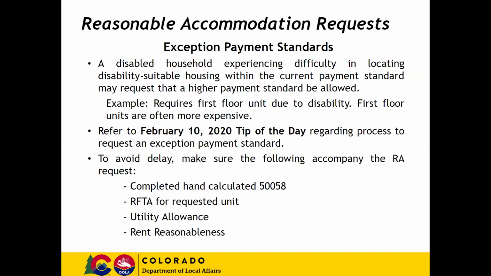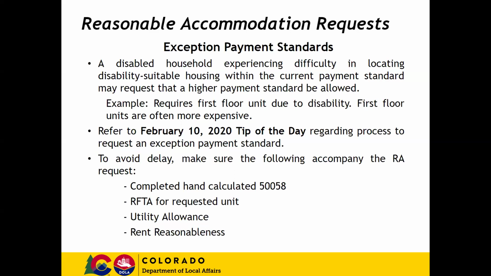For example, with an exception payment standard, this is also a common request that we receive because the cost of housing in the state, in the world, is high. Our markets are a bit out of control right now. So we do set our payment standards strategically, county by county, to make sure that our households can access 40% or so of the available housing stock.